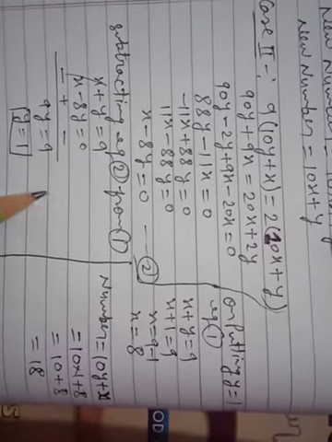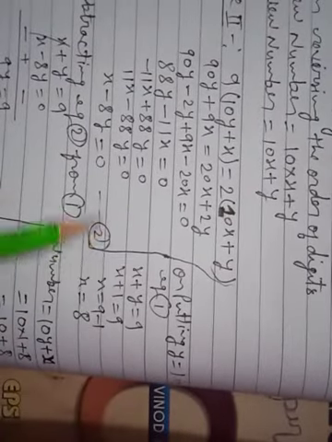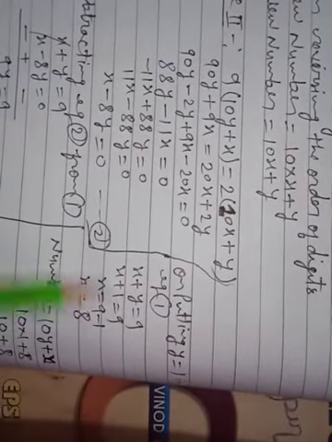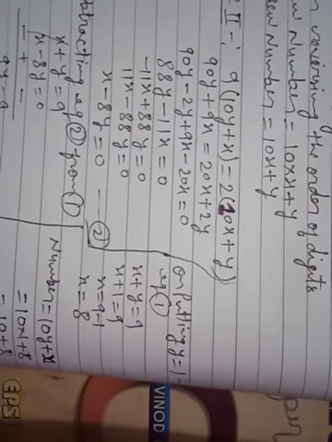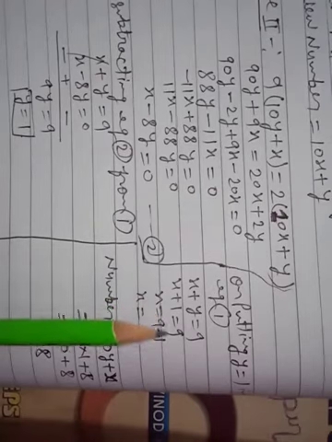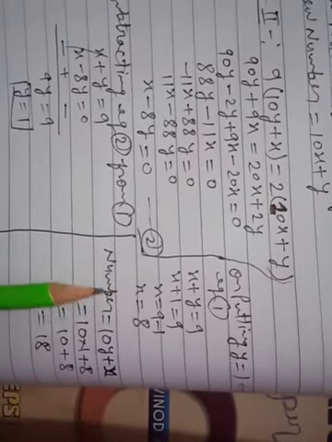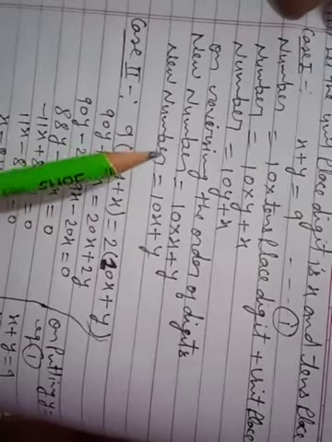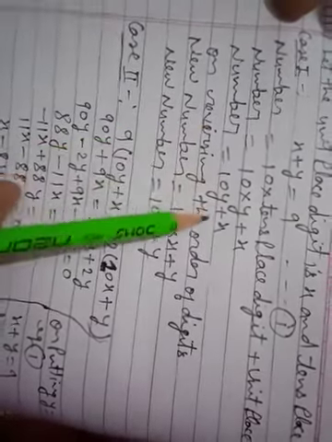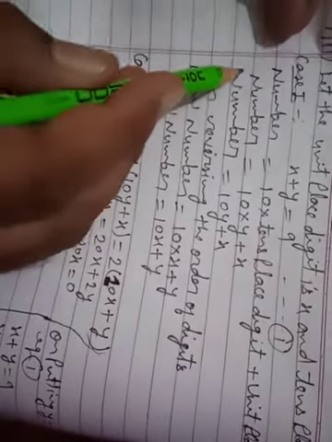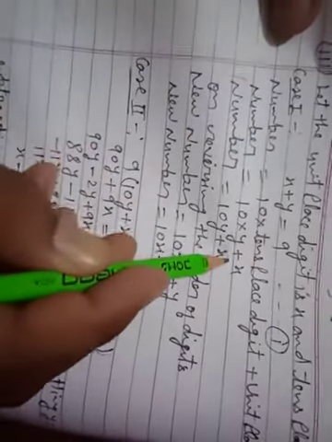Put the value of y, putting y equal to 1 in equation 1: x plus y equals 9. In place of y you put 1, so x plus 1 equals 9, x equals 9 minus 1, which is 8. x equals 8. Your number was 10y plus x.